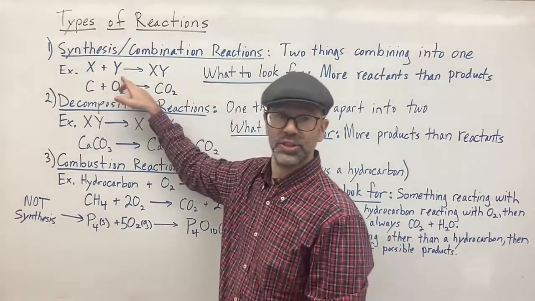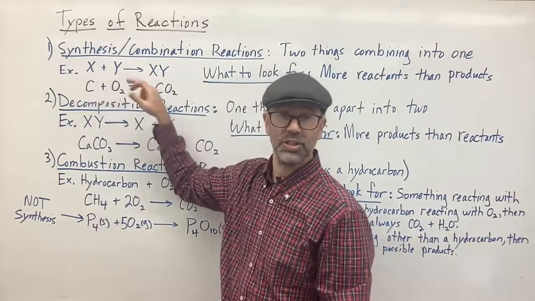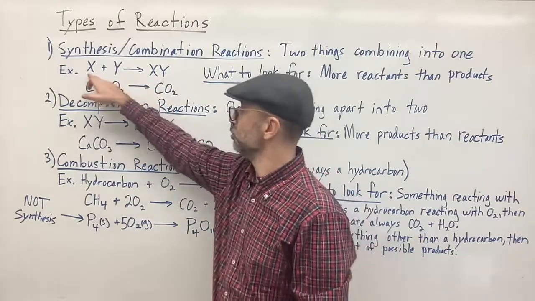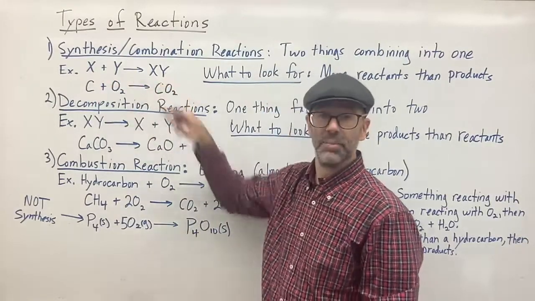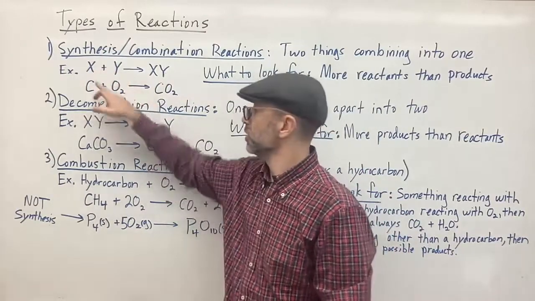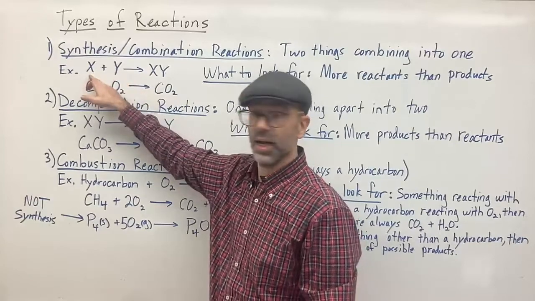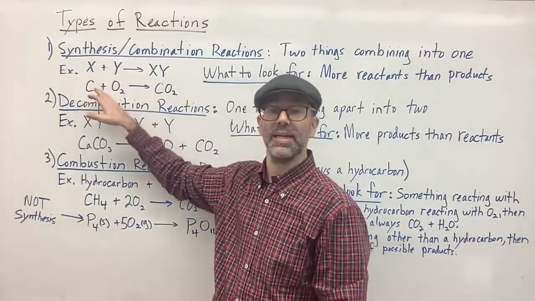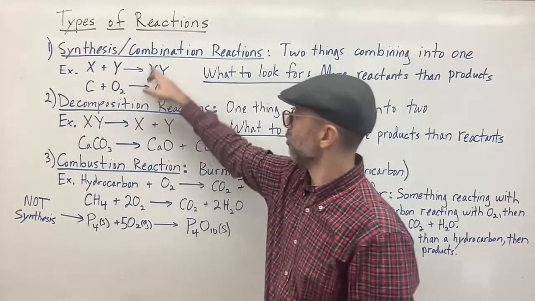These two separate entities could be elements. Usually they're going to be elements. So you have two elements react together to form a compound. It doesn't have to be two elements, but usually they are. You could have two compounds or one element and a compound. But the idea is that they are separate and coming together to form a compound.